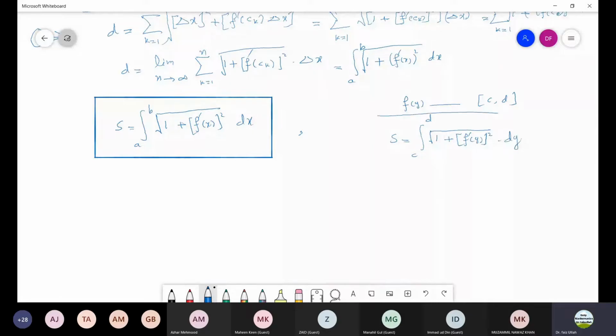That is the basic formula which we shall use to find the arc length if the function is given in terms of y.